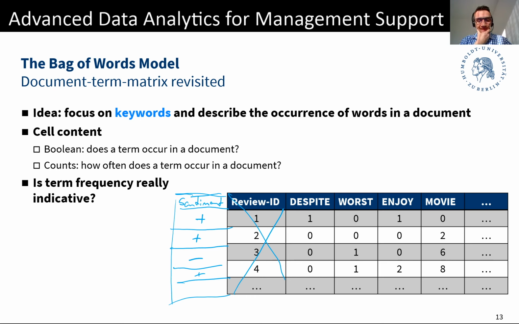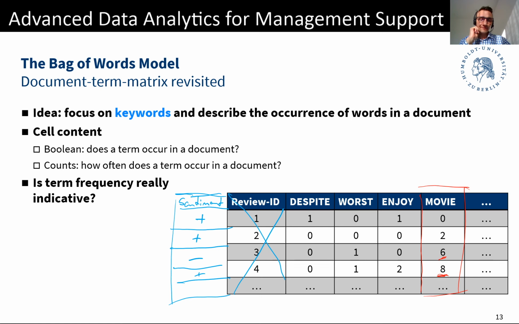And you can actually see it in my example, at least I'm trying to sketch it. If you look at the column movie, we have this 8 here, large value, also the 6, large value.